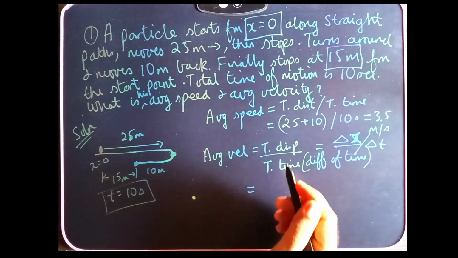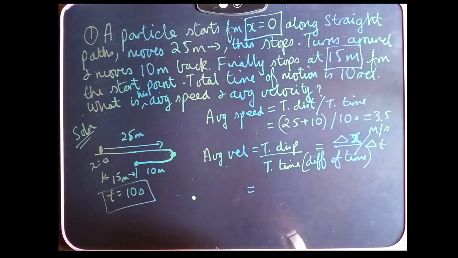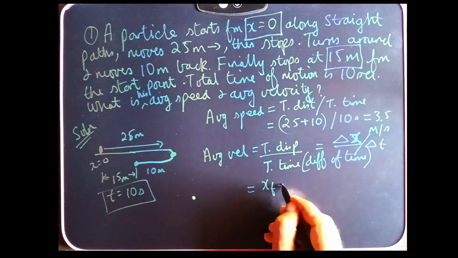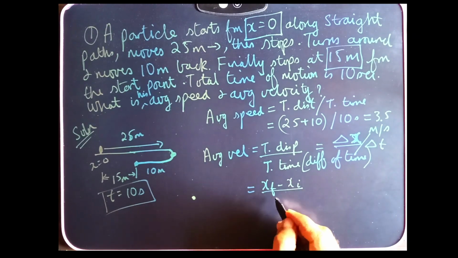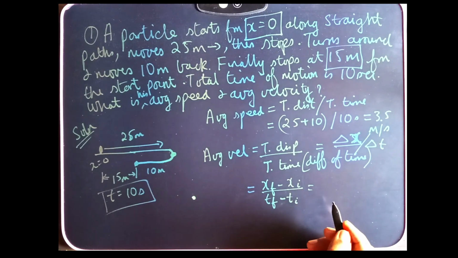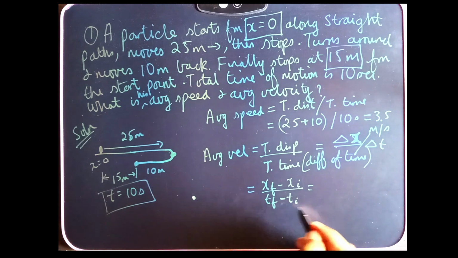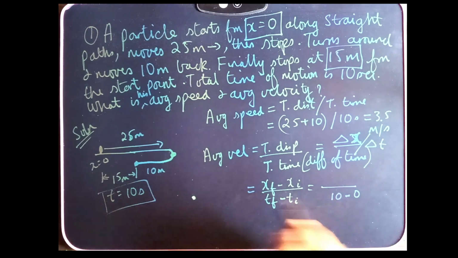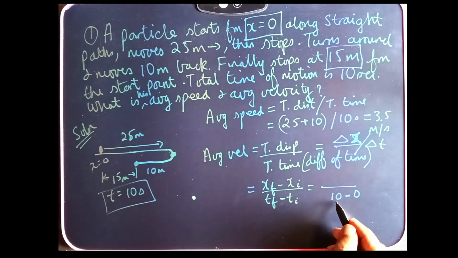Change in displacement is given by the change in the position. So it is x final minus x initial divided by final time minus initial time. The final time was given as 10, right? 10 minus 0. It starts at the 0th second, and the finishing time is 10 seconds.